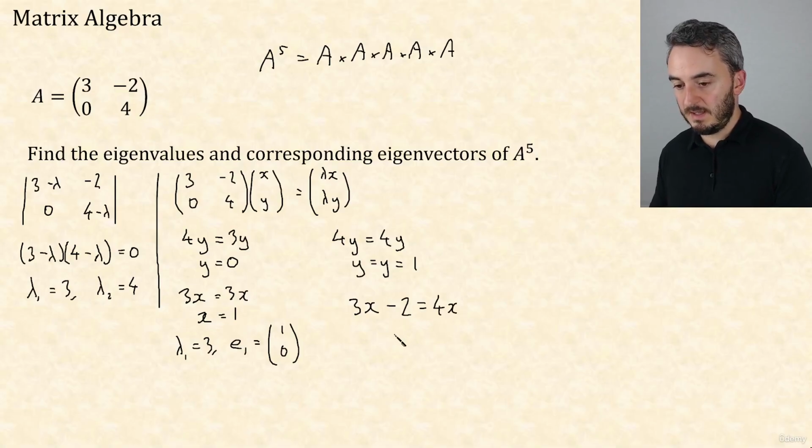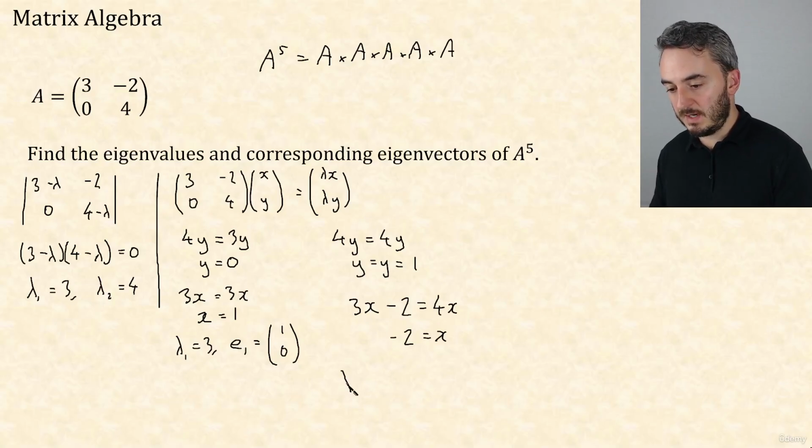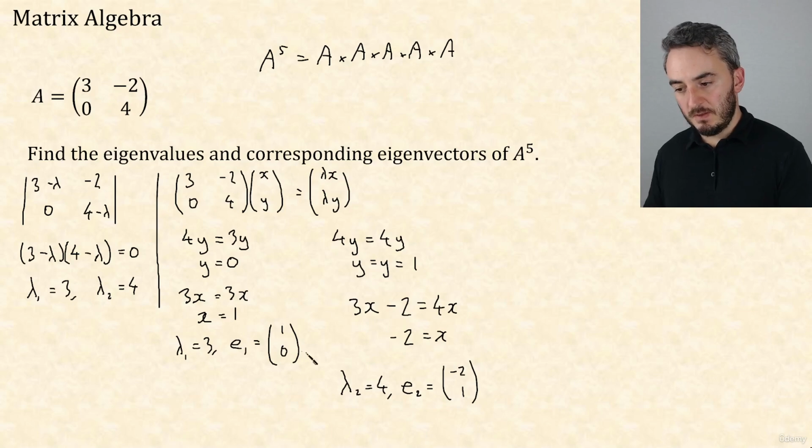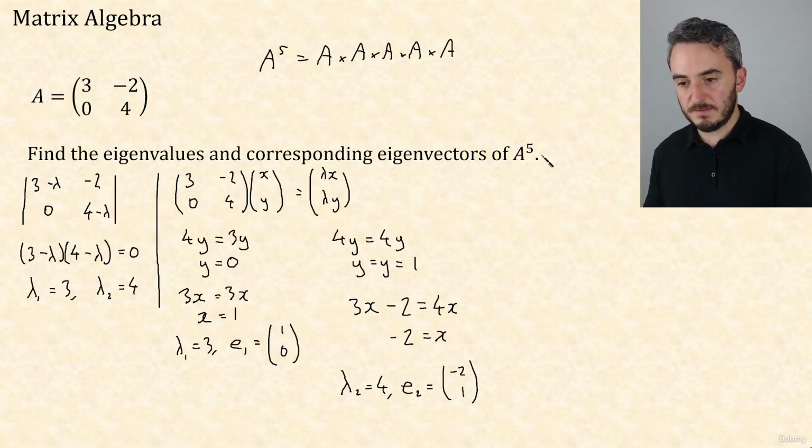So subtracting 3x on both sides, we get minus 2 equals x. So that means that when lambda 2 is 4, our second eigenvector is x equals minus 2, y equals 1. So here are my two eigenvalues and eigenvectors.